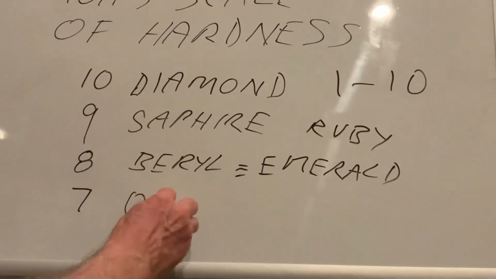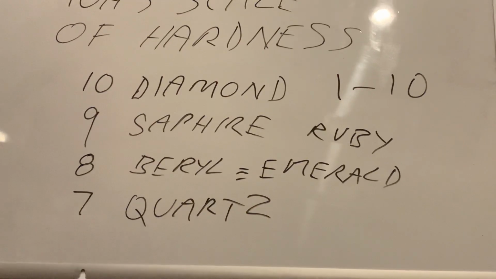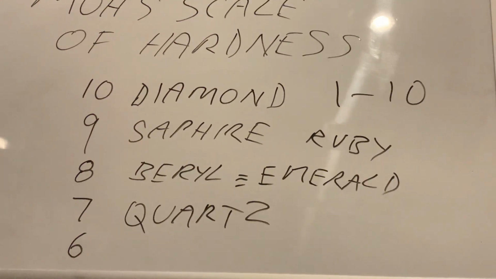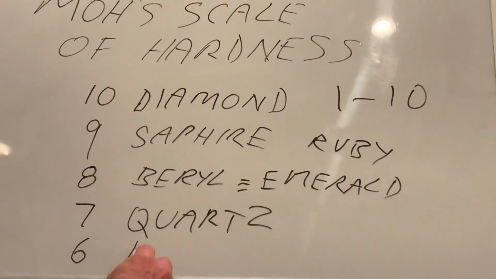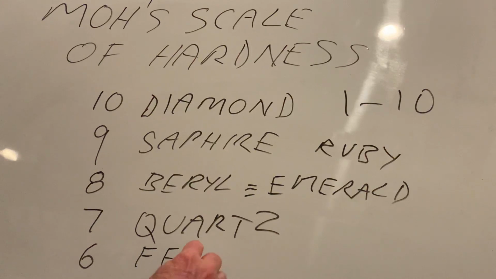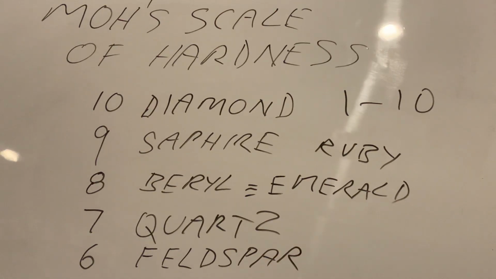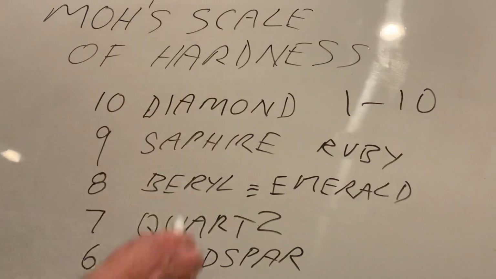That's quartz. Very common. And the sand on the beach, this is the last thing I'll say, the sand on the beach is actually not made of quartz, or I used to think it was made of quartz because it looks like quartz to me, but it's actually feldspar. It's a rock called feldspar. And it has a hardness of 6. So I'll stop boring you with gemstones, but that's how Mohs scale of hardness works with gemstones.